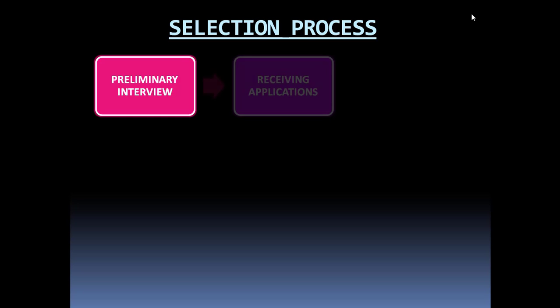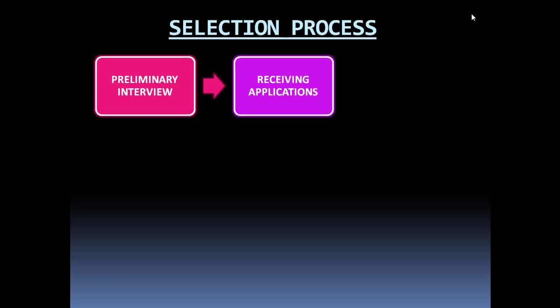Now after preliminary interview comes receiving applications. Then when all the junk applications are removed, the HR department, that is the human resource department, who basically performs the staffing process, does selection too, right? So here the HR department receives all the applications of the applicants who have applied for the job positions, right?